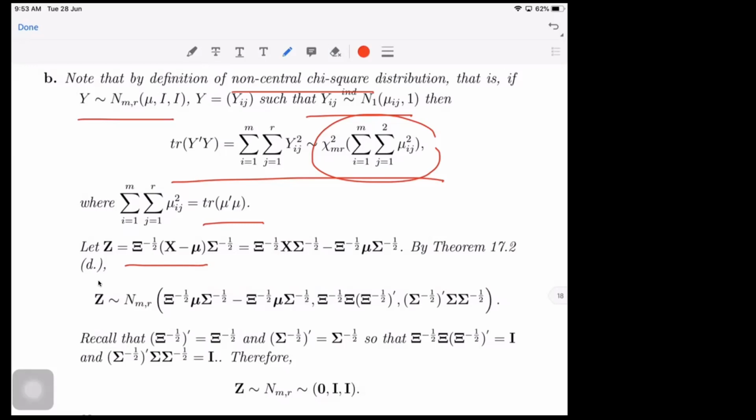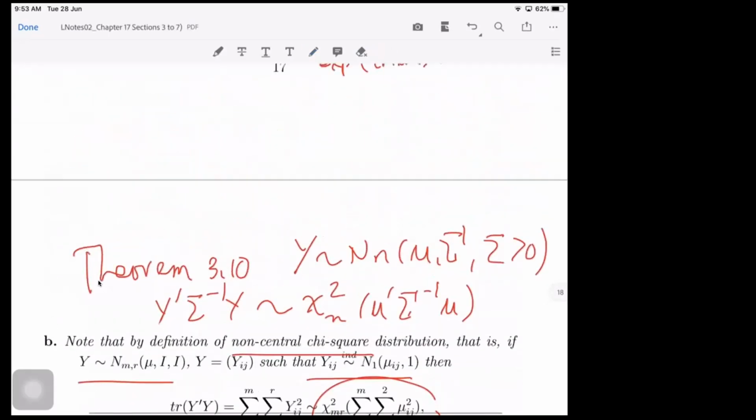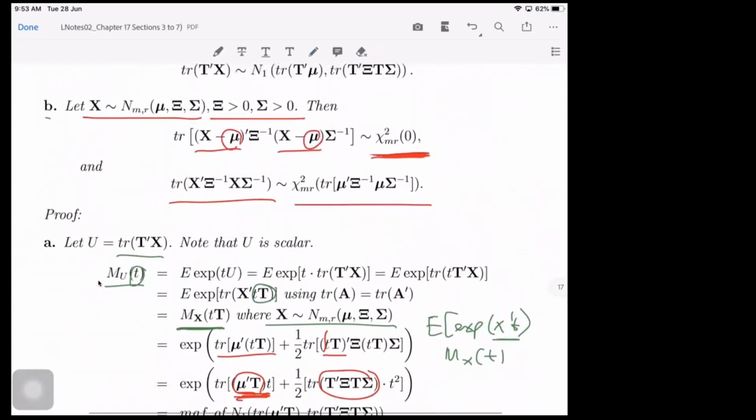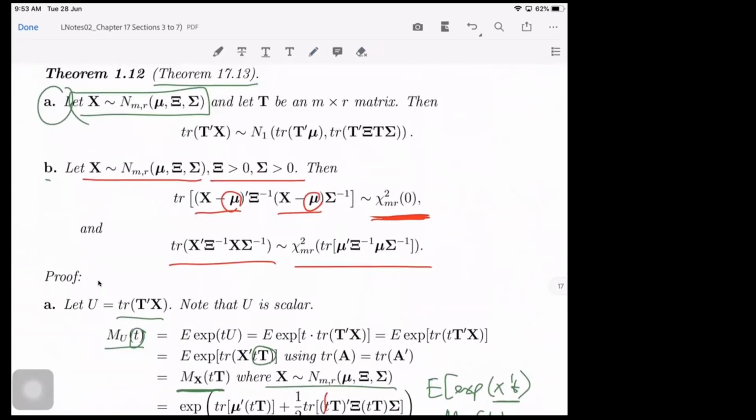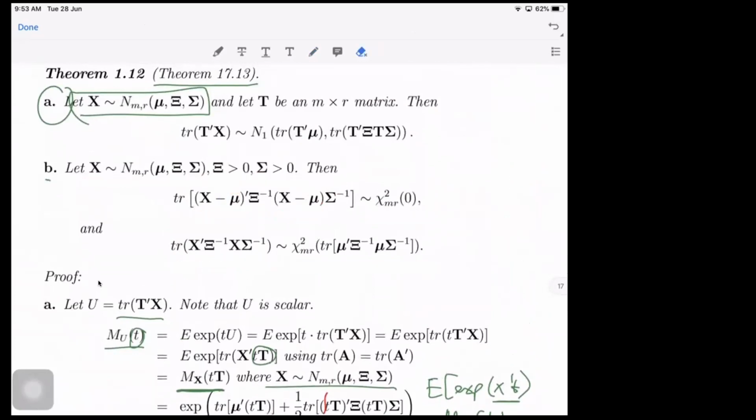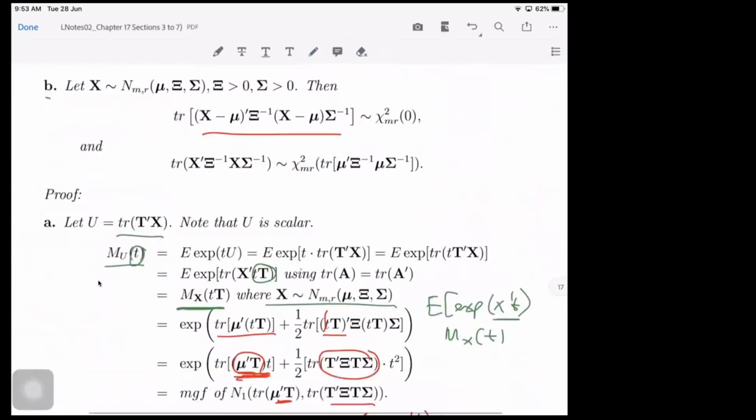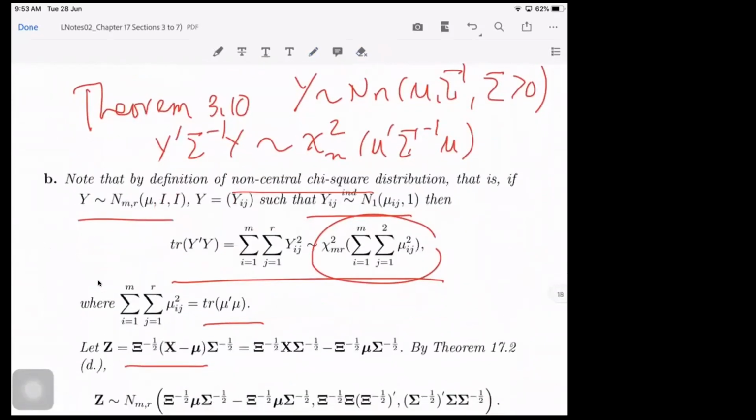So if we define our z, what we will do is transform it to z prime z.